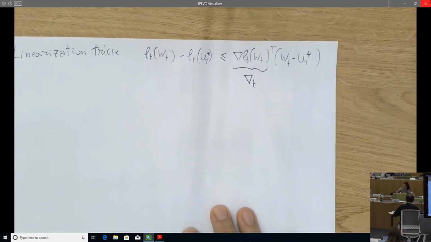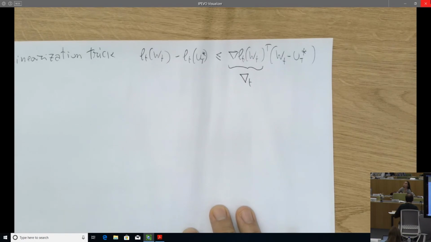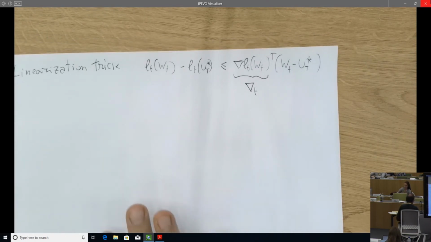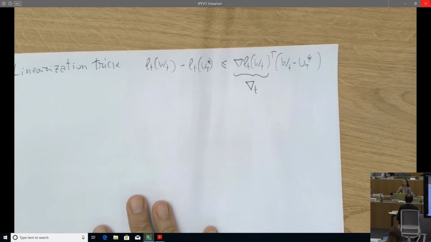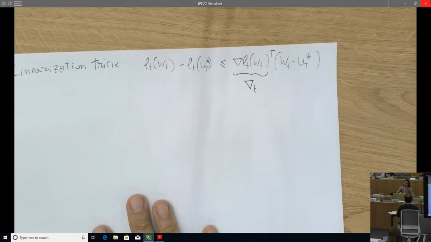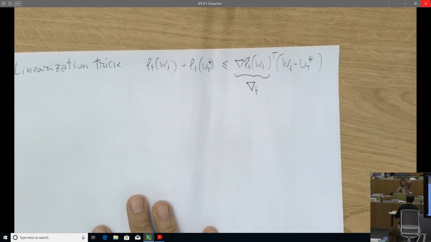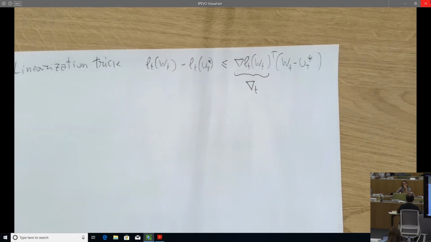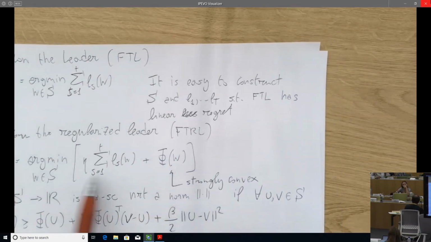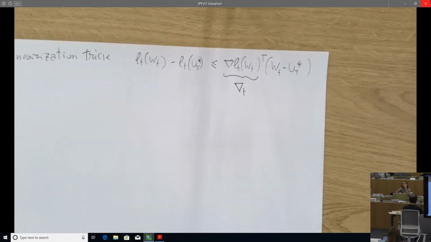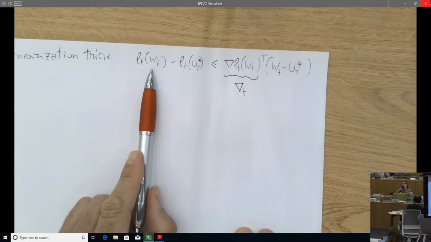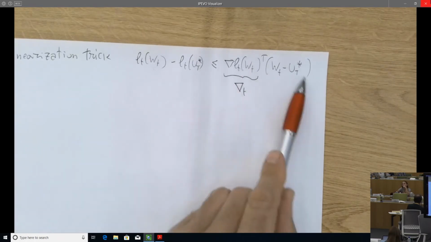And now I can rephrase the algorithm I had before, replacing the losses with linearized losses, because this makes it easier to solve, okay? This is hard to solve, but maybe it becomes easier if I replace these losses with linearized losses. Because I know I can upper bound the regret terms with these terms here.